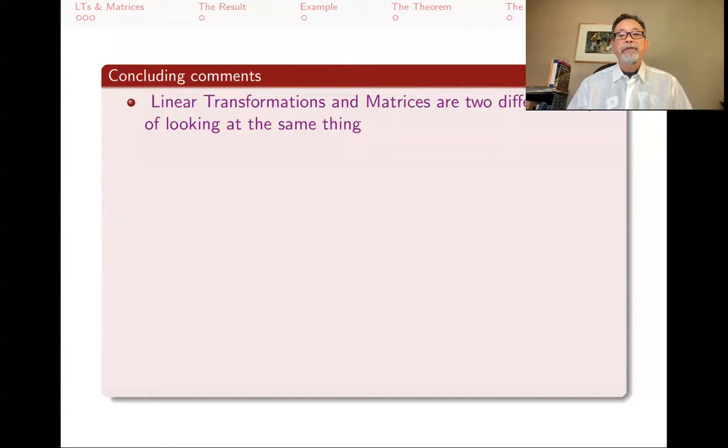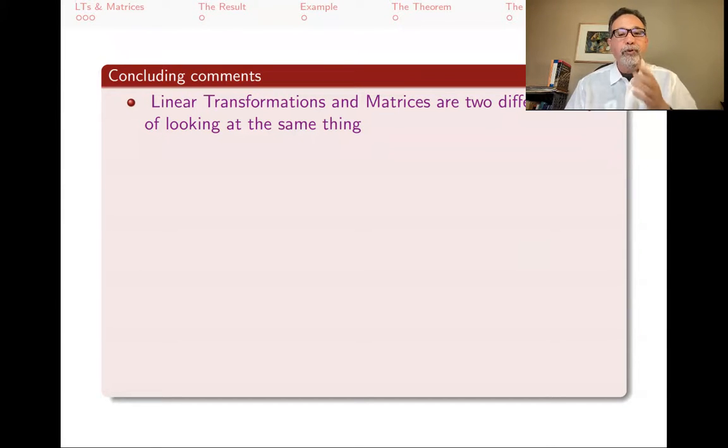Okay, so let's just say what the takeaway from this lecture is. Linear transformations and matrices are two different ways of looking at the same thing. That's the main idea. Whenever you see one, switch to the other. When you see that, switch to this other one. And that change of point of view is helpful.